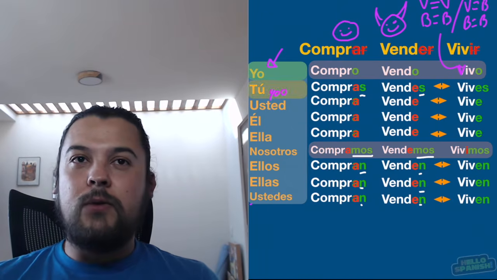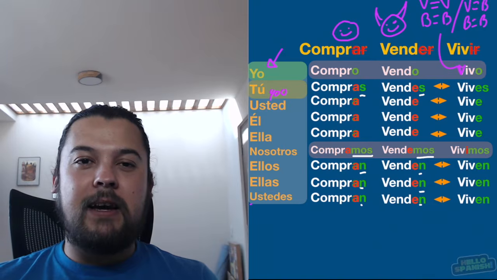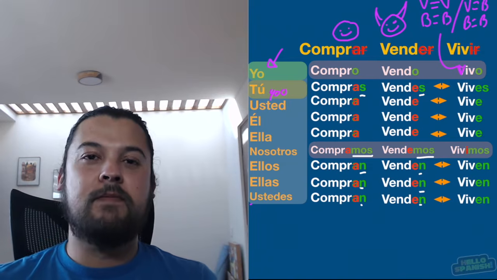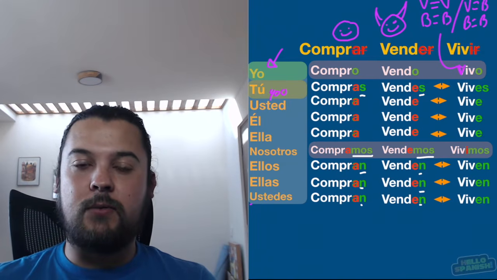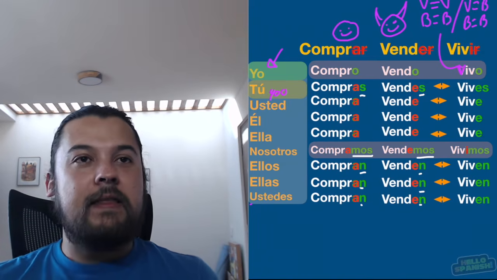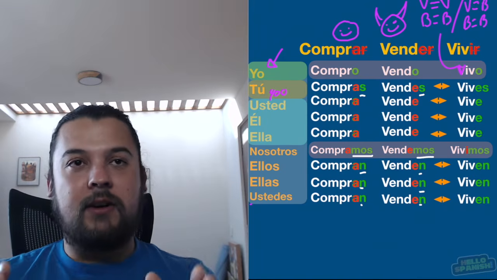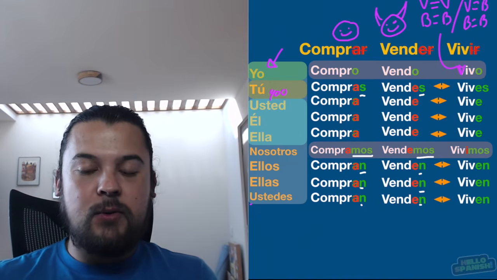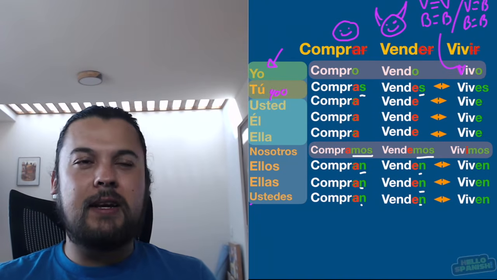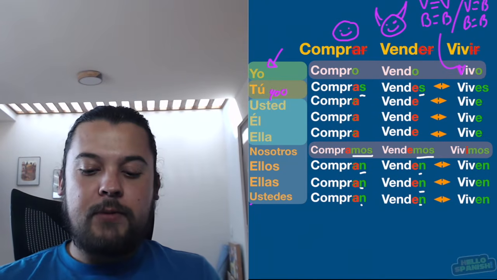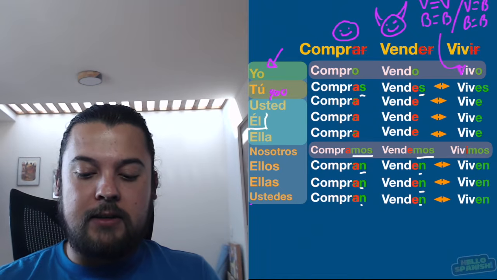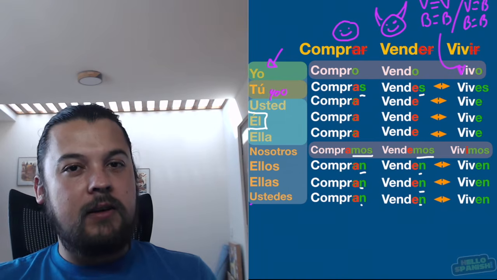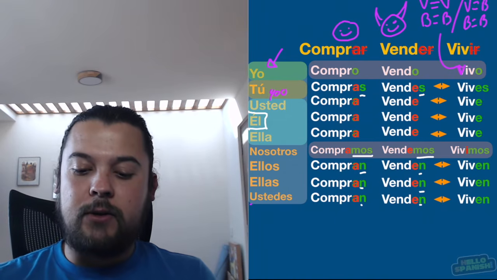And the tú form is always going to be an S. It's probably confusing because in English, the he or she is the one with the S. No, in Spanish, the you form is the one with the S. Now, I'm putting these colors on the column of the subject pronouns because it's super simple and kind of a shortcut. If you only remember one of them, so let's say usted, as long as you remember usted, you know the conjugation for the other two.